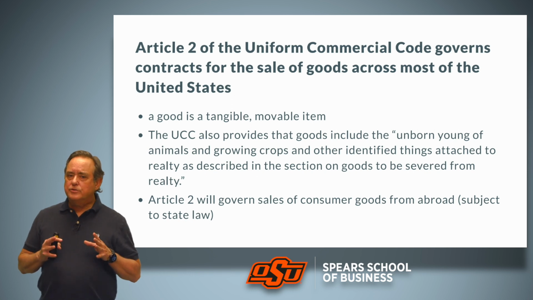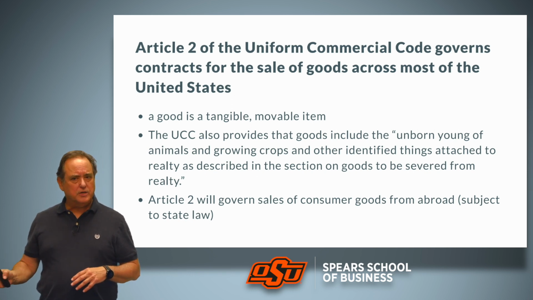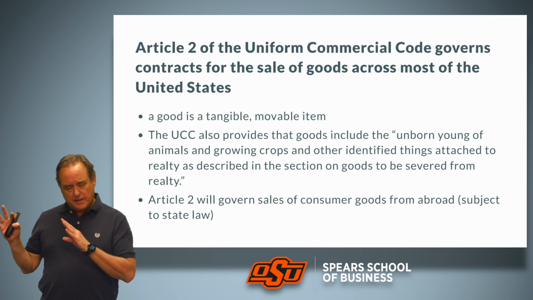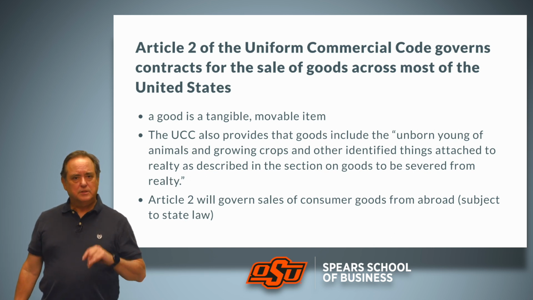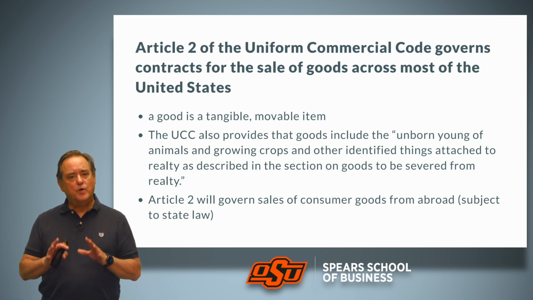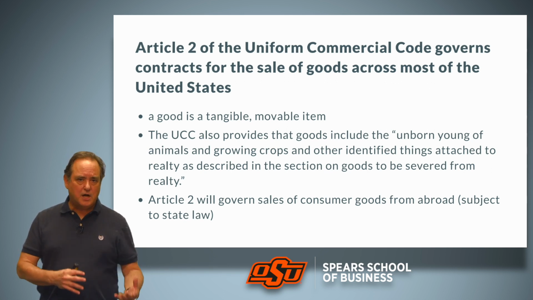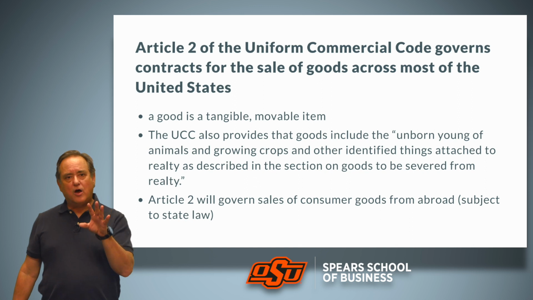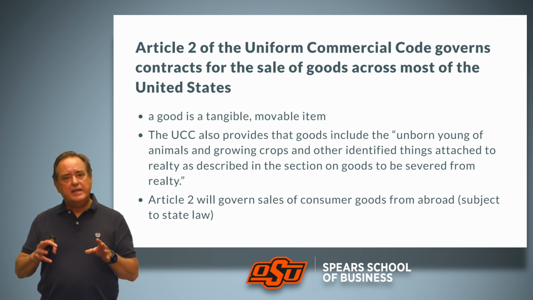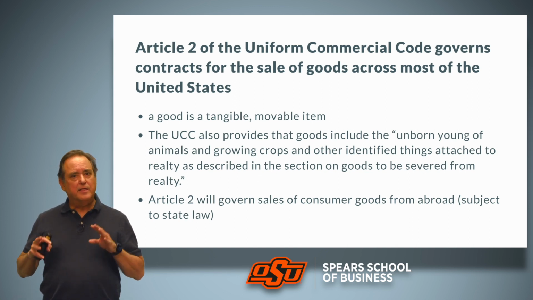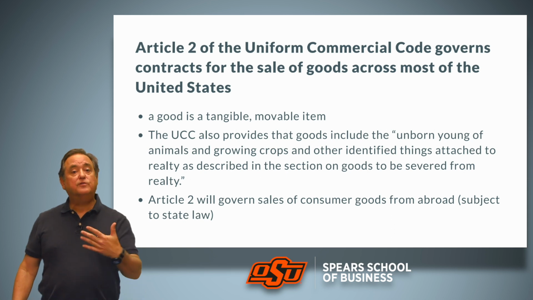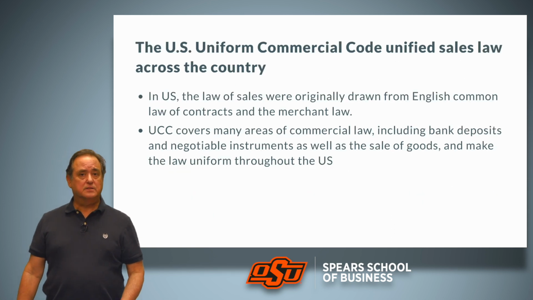In fact, Article 2 will govern sales of consumer goods, even involving international transactions. But don't worry about that right now. Just focus on Article 2: the UCC governs contracts for the sale of goods. Article 2 is the contracting system that provides the rules for the sale of goods.